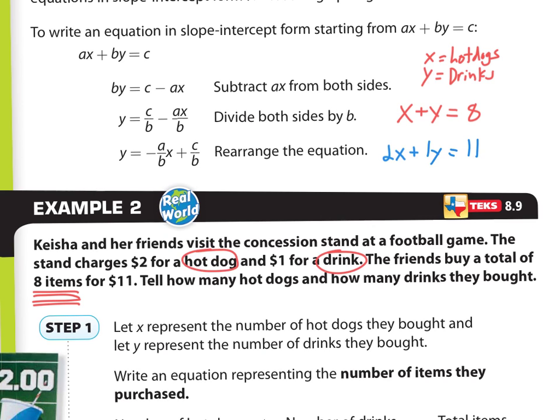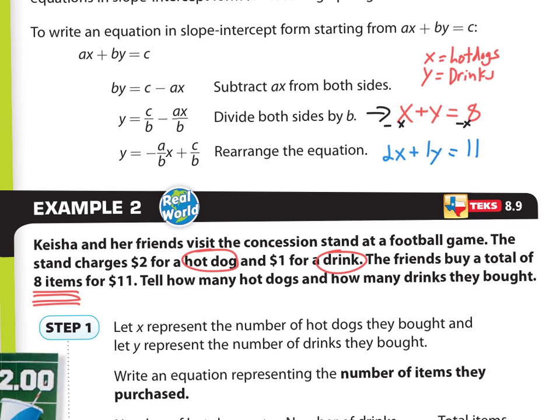Now here's the problem. These equations are not in y equals mx plus b form. We've got our x and our y on the same side. So on this first problem, we want to get rid of that x, so we're going to subtract x from both sides.